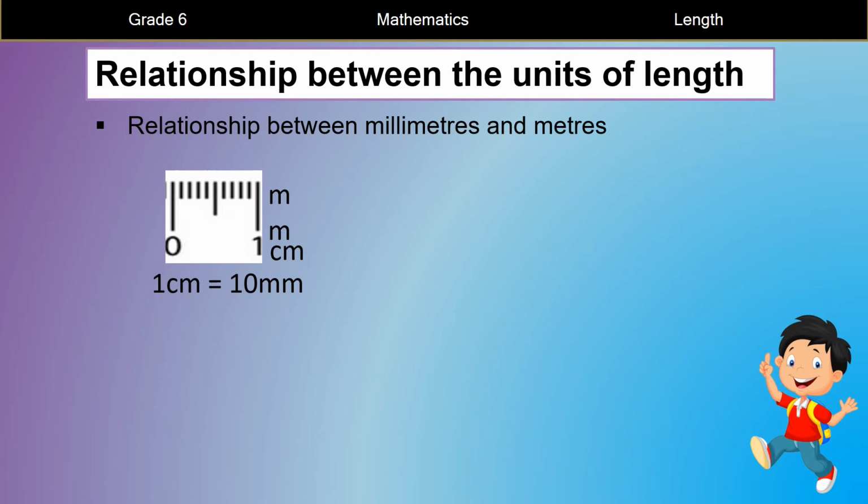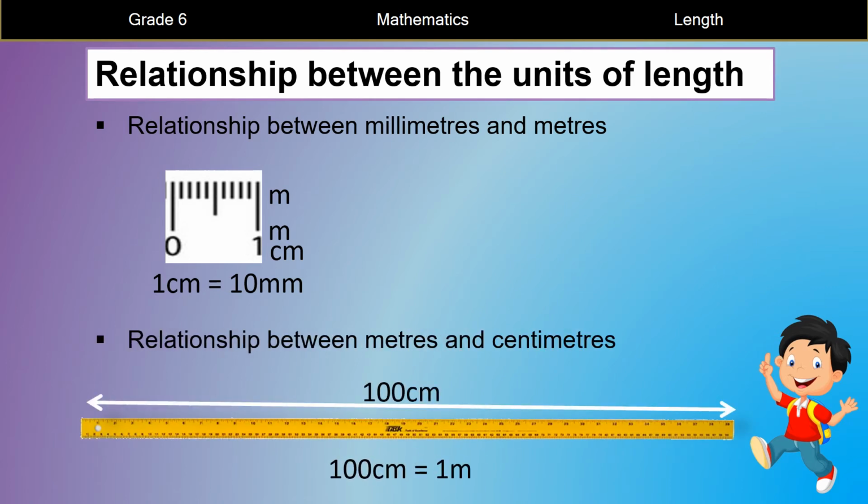The distance between two small lines, or the length of one small gap, is known as a length of 1 millimeter. Since there are 10 such gaps between 0 and 1 centimeters, we say that 1 centimeter is equal to 10 millimeters. Therefore, the relationship between centimeters and millimeters is 1 centimeter equals 10 millimeters.